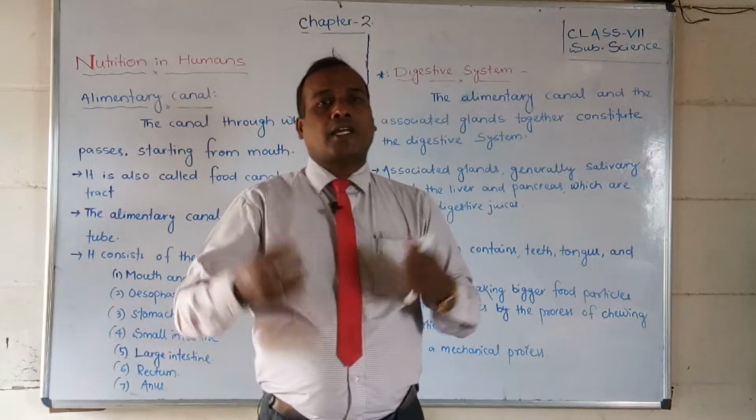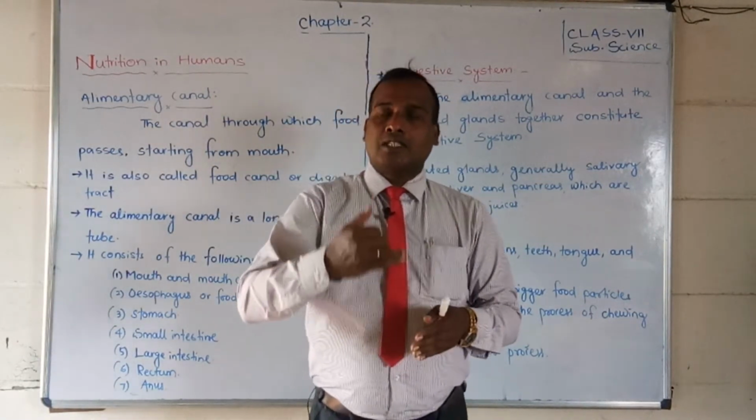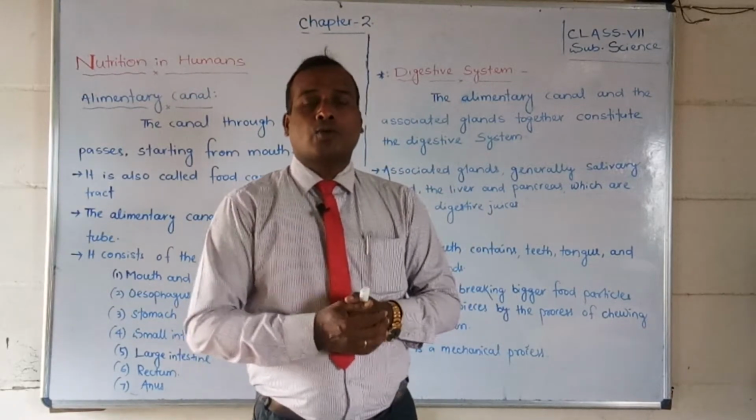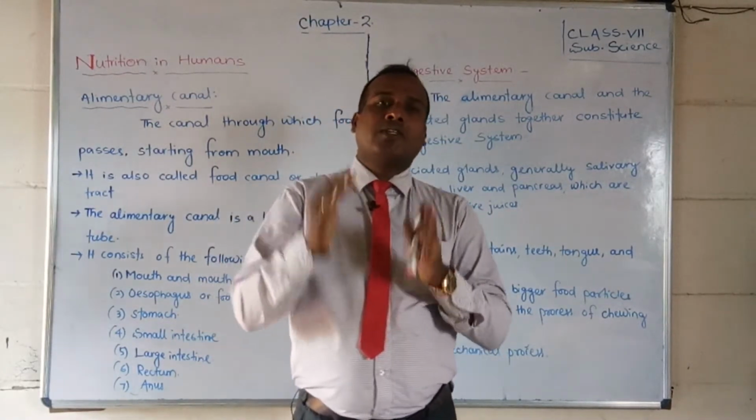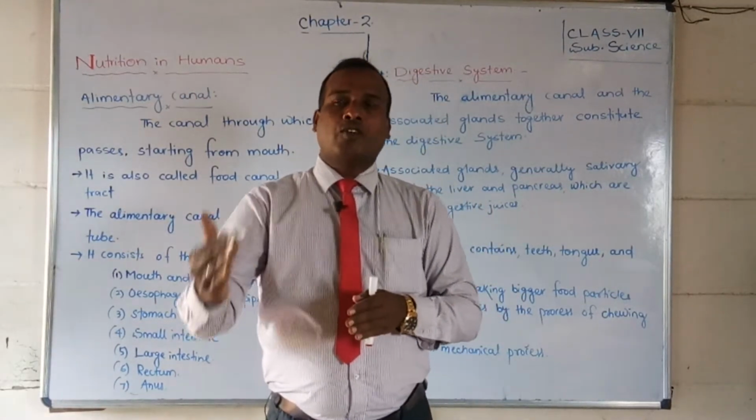All the nutrients are collected from the small intestine, and what has not been digested goes to the large intestine, where it is finally digested. Then it goes to the rectum.